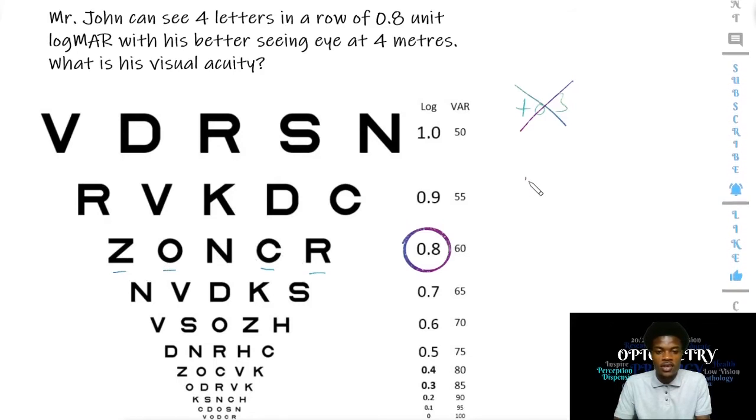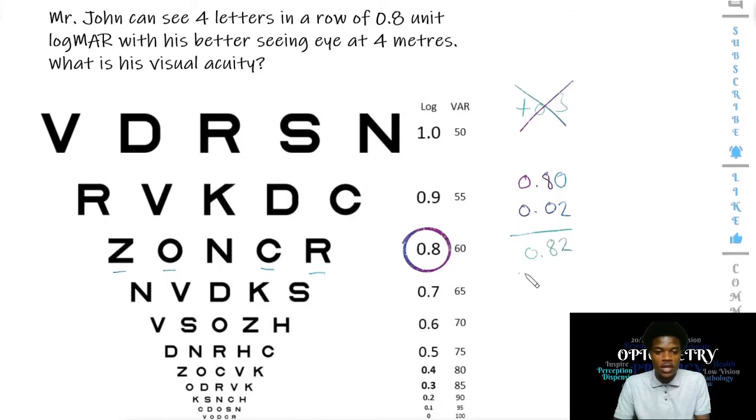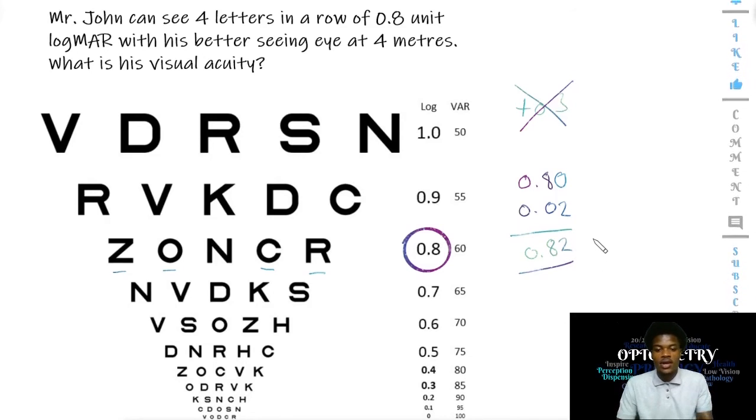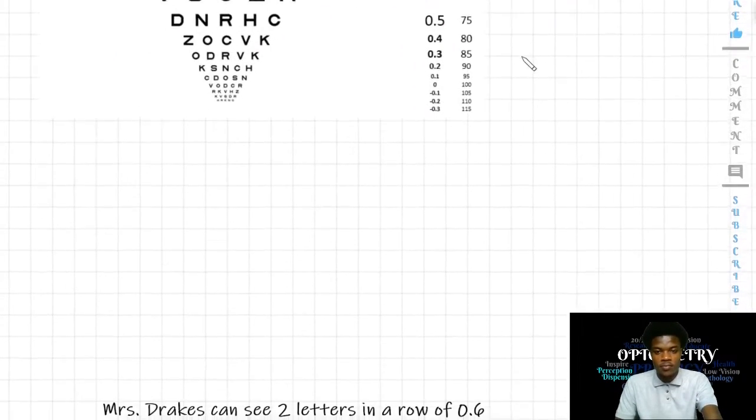So in this case now, we add 0.02 to whatever the LogMAR line the person is on. So in his case, we would have 0.82. This will be his visual acuity, 0.82. Let's look at another example.